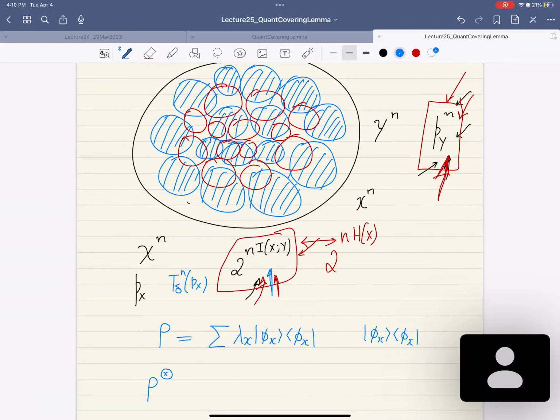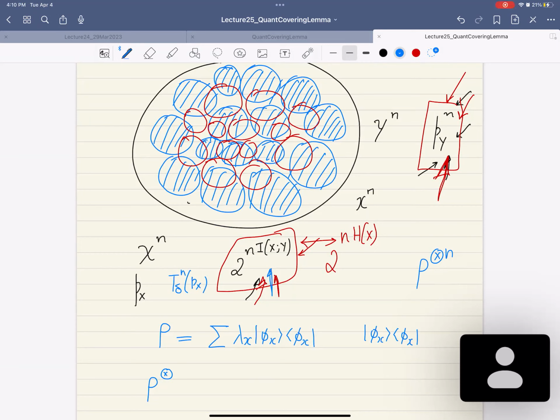Now you have these subspaces. If you picked each of these typical subspaces uniformly and randomized them, you would be simulating rho tensor n. If you picked only as many as the Holevo information, S of rho minus that term, then you would get disjoint orthogonal subspaces.